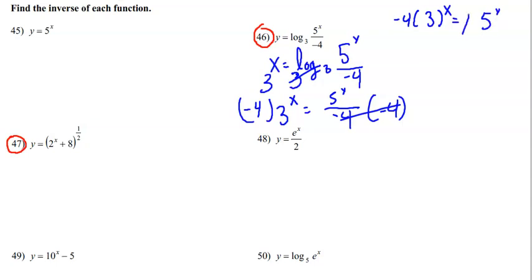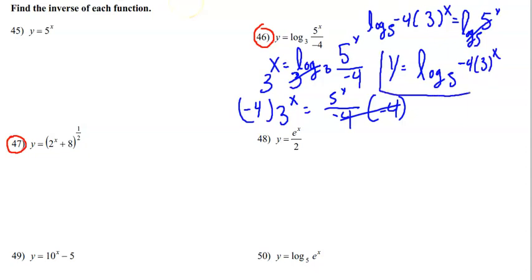To get rid of this 5, we're going to log base 5 each side. So then we have y equals log base 5 of negative 4 times 3 to the x. And this would be your inverse.